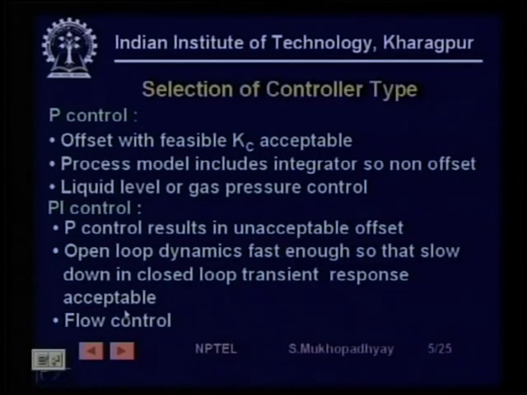A typical example is flow control. In flow control, the step response is actually very fast. So even if you include a PI controller and it oscillates a little for some time, that interval is short. Suppose you are trying to control temperature with flow control, which is very common: you try to increase or decrease the steam flow rate to maintain the temperature in the reactor.